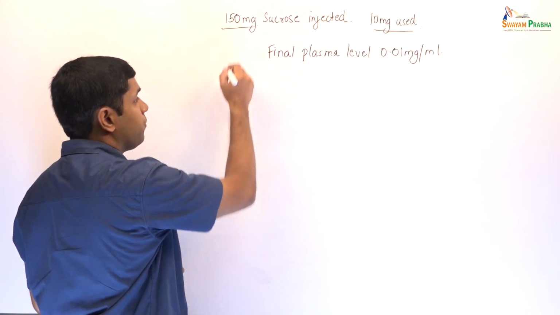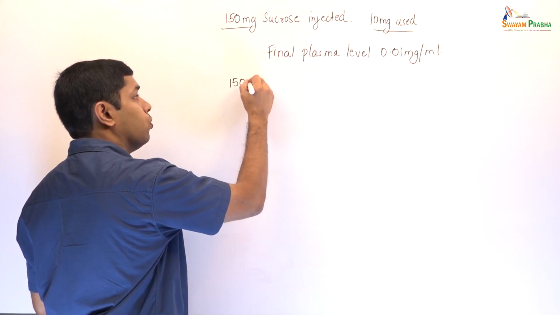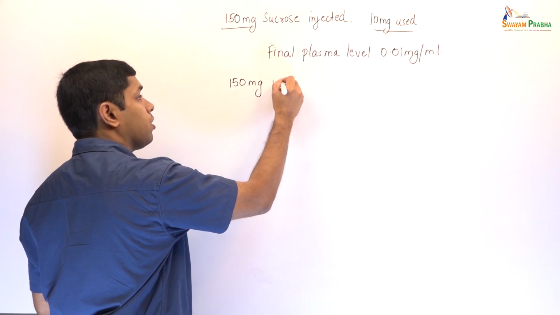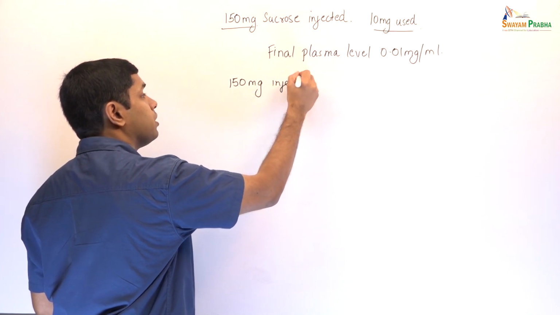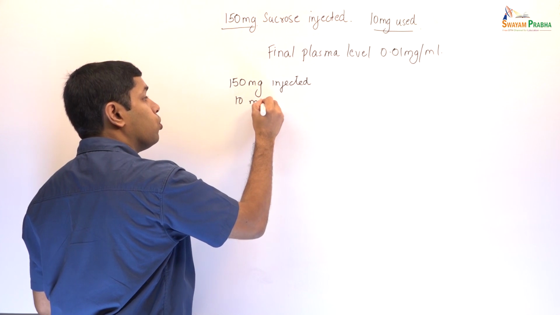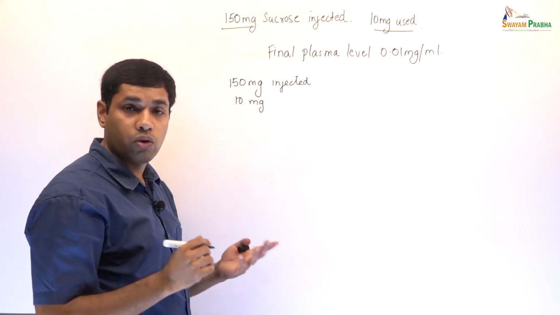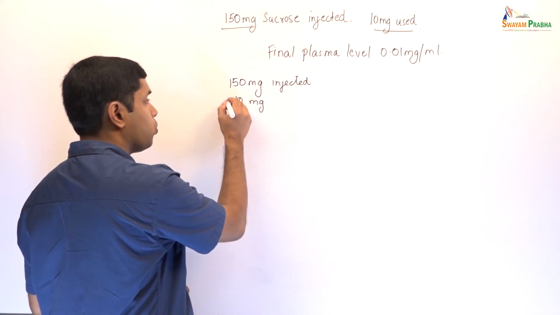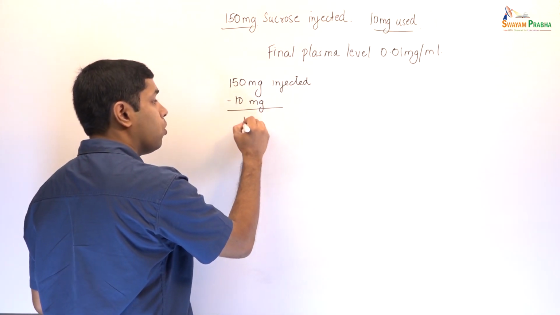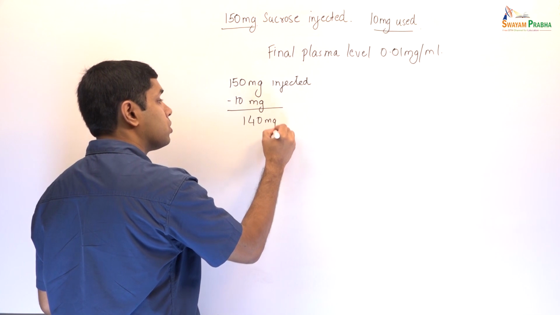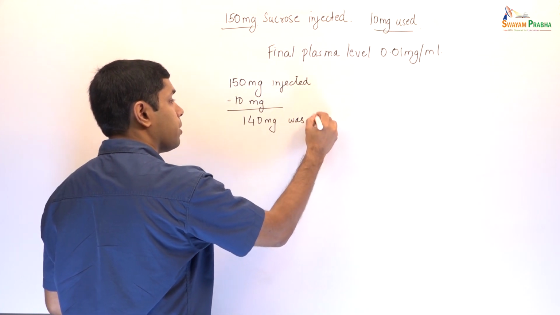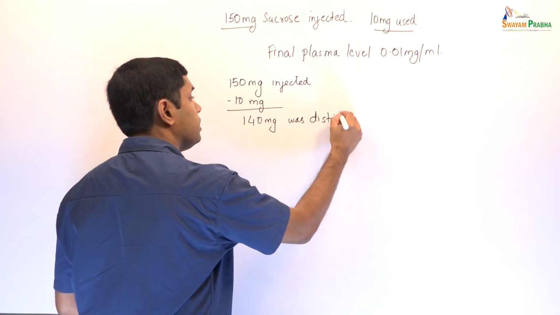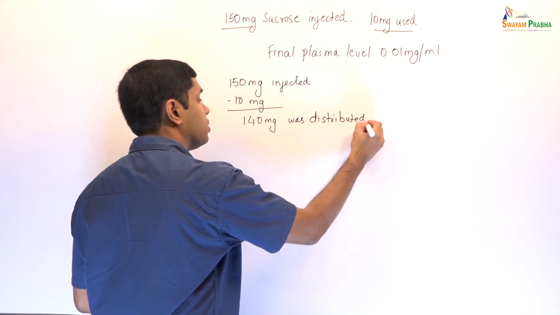We know that 150 milligrams was injected, and we know that 10 milligrams was metabolized or excreted. So the amount that was finally distributed is 150 minus 10, or 140 milligrams was distributed. So this is our mass that was distributed.